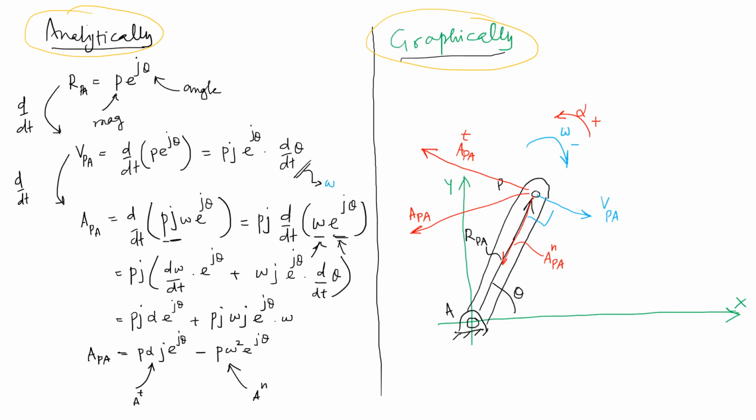You can see that the normal component of the acceleration is the same component that we have drawn in the graphical window over there, and the tangential part is illustrated right over here. So in this fashion, you can see that both approaches are valid enough to illustrate what is happening with the kinematics of the body under motion.